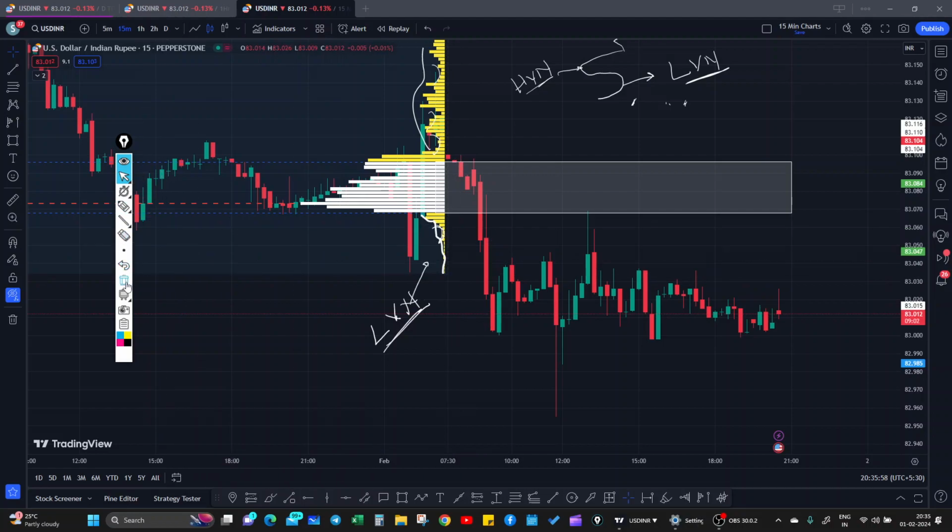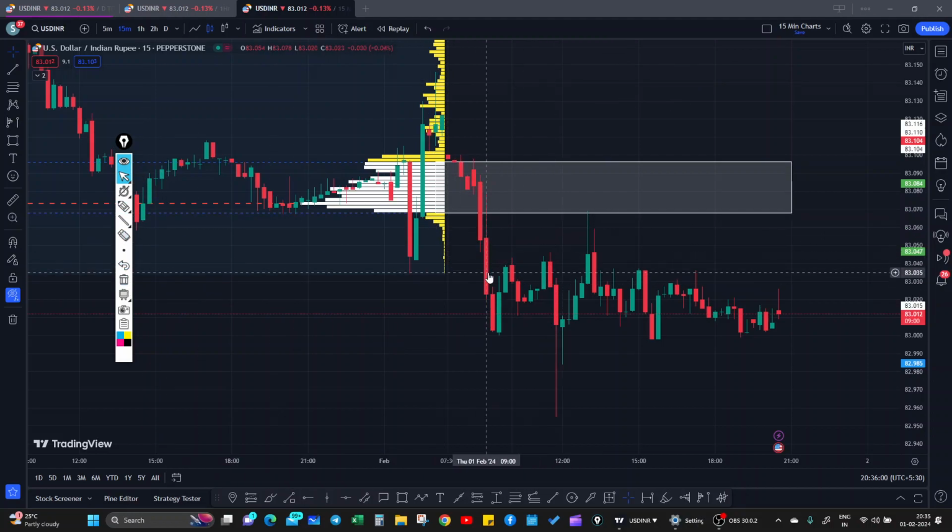So now what has happened is the market has moved down and broke this. What we can do is, once the POC is broken down, sometimes it tests here. This wick you have seen, this has tested.